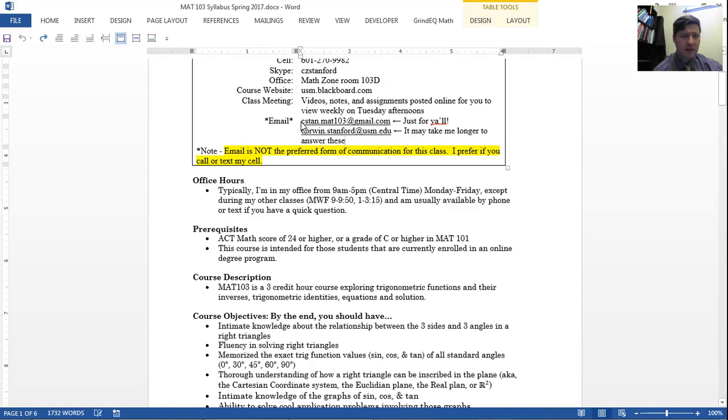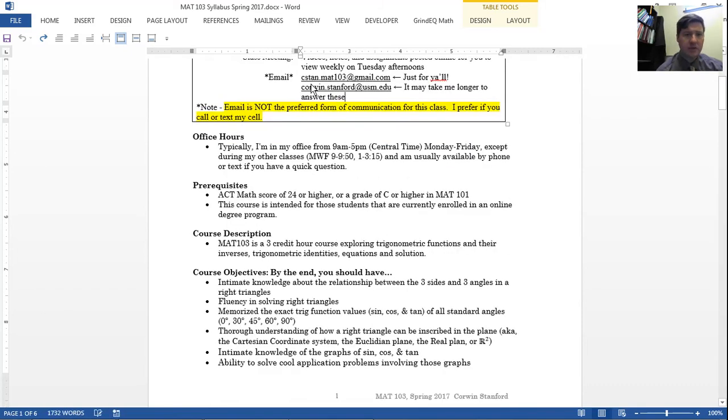There's our website, and our class meetings. Our class modules will normally be posted Tuesday afternoons, and then any assignments, we do the following Monday. Okay. So email addresses. Email is probably the worst way to get in contact with me. To make it a little bit easier, I made an email address just for y'all.